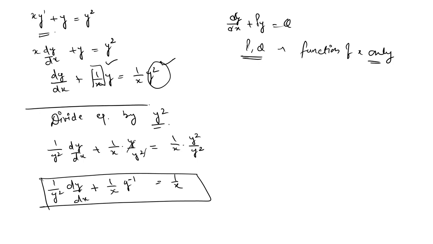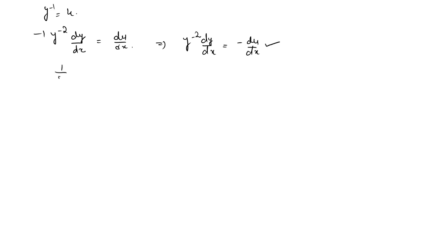Now, as in the method, we will substitute this term as another variable. So if we put y inverse equal to u, then minus 1 y^(-2) dy by dx equals du by dx, that is, y^(-2) dy by dx is minus du by dx, or 1 by y square dy by dx is minus du by dx.